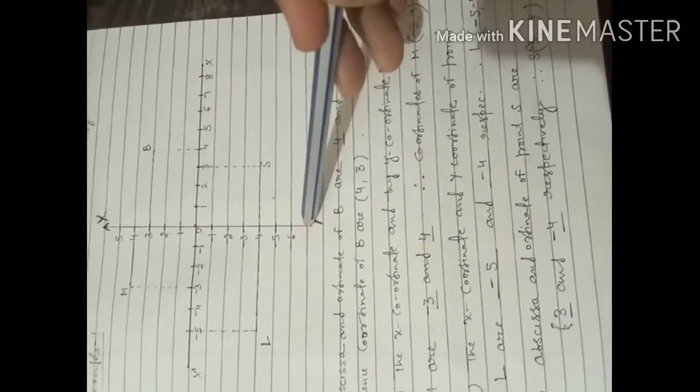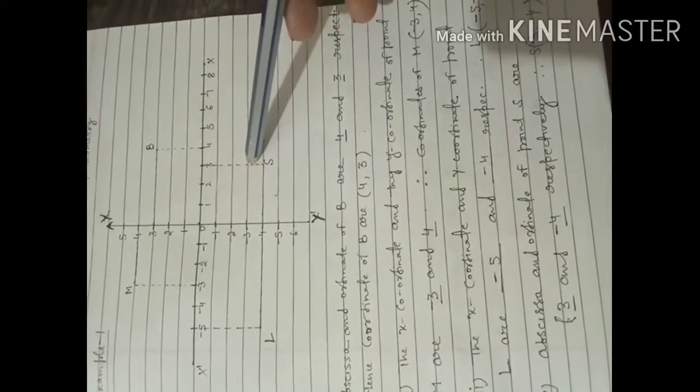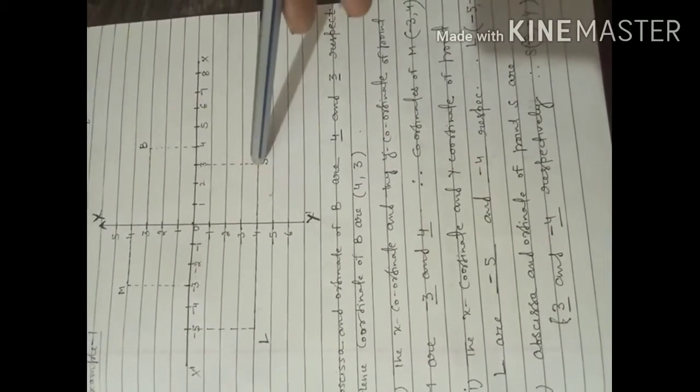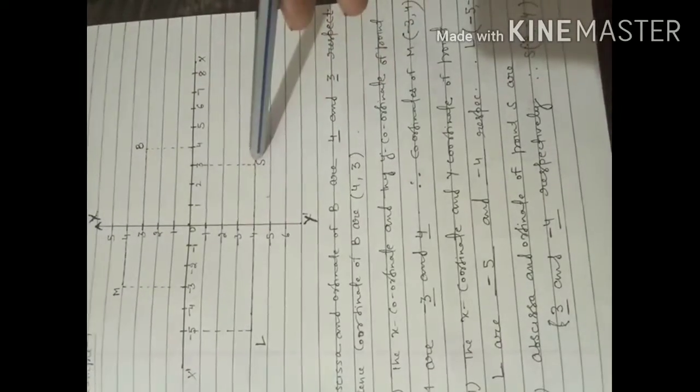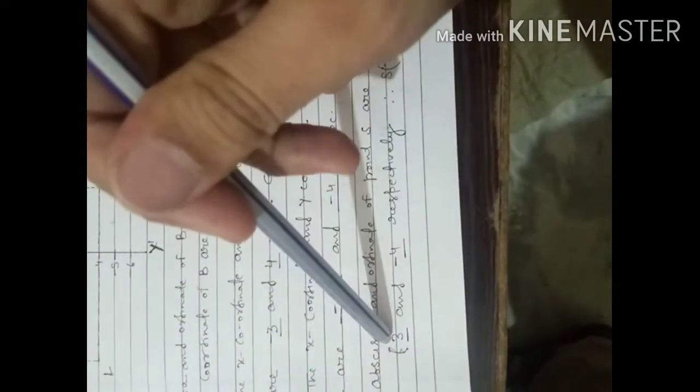We are on the positive side of the x-axis but the negative side of the y-axis. Therefore abscissa is positive and ordinate is negative. Abscissa is 3 and ordinate is -4. So the coordinates of point S are 3, -4.